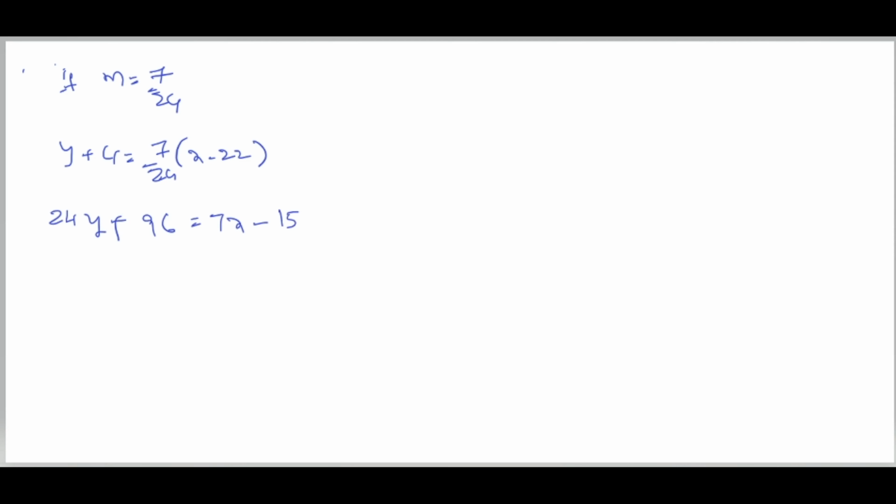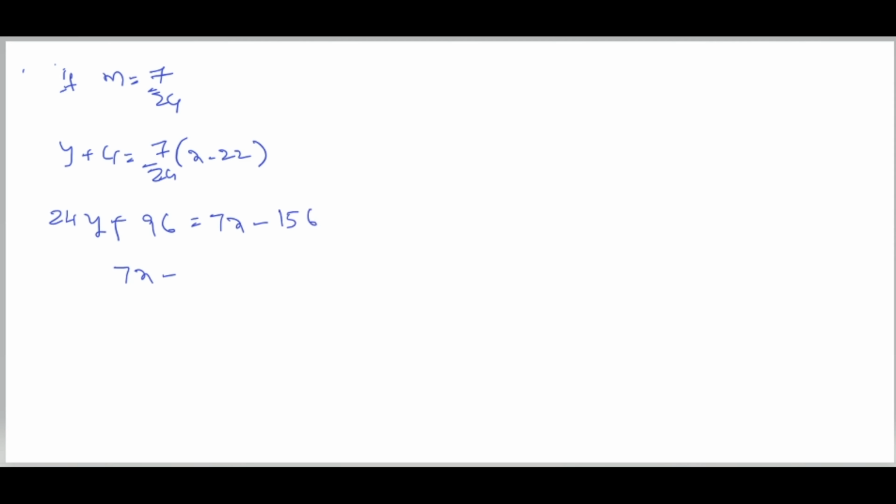If m is equal to 7 by 24, therefore y plus 4 is equal to 7 by 24 into x minus 22, that is 24y plus 24 into 4, 96, is equal to 7x minus 154.